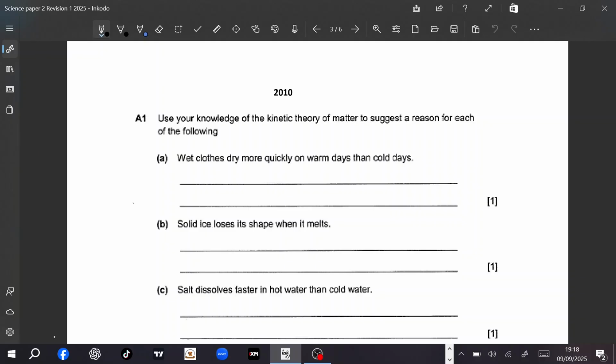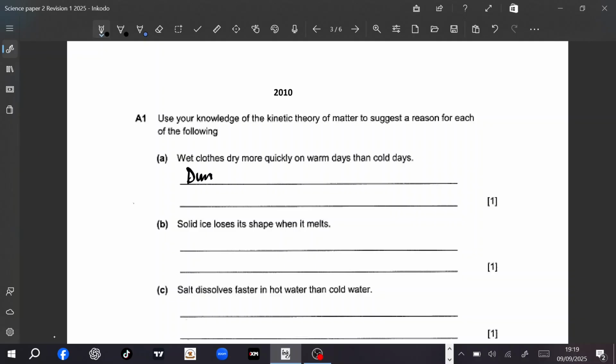So warm day means more heat. Now, what does heat have to do with making the clothes dry quicker? Heat gives the water particles in the clothes the energy for them to evaporate faster. So what are we going to say? We are going to say during warm days, there's more heat.